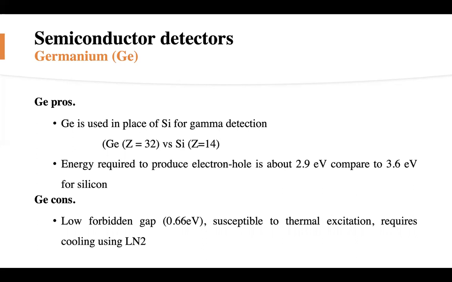The electron can be in the valence band or the conduction band. If the forbidden gap is small, it's easy for the electron to jump to the conduction band, so it can also produce dark current at room temperature, what we call thermal excitation. So it also needs cooling.